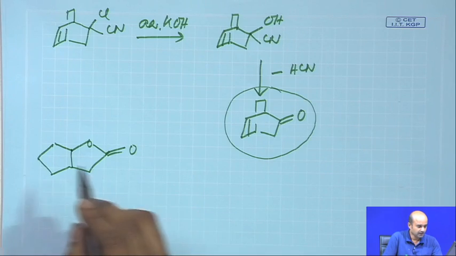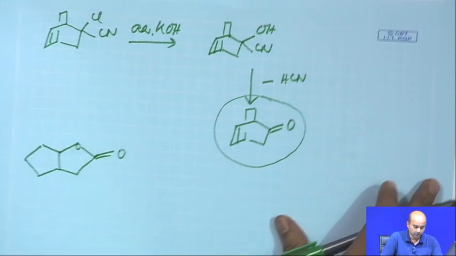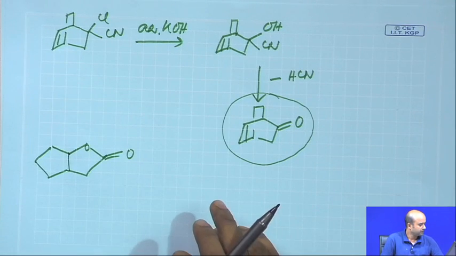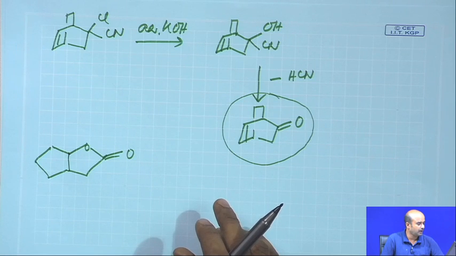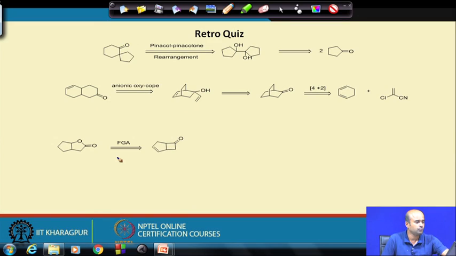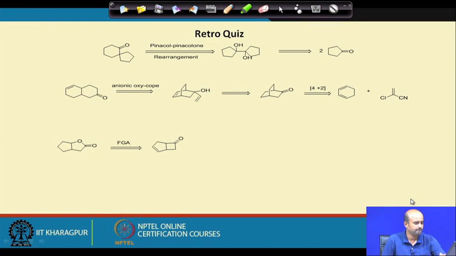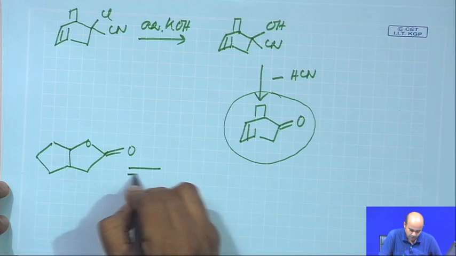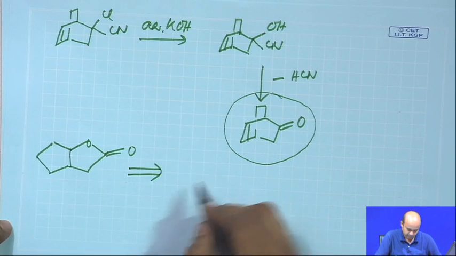Okay. Fine. So, what are the steps you basically want to have? You want to have this kind of thing. So, the initial target molecule I have said is this one.